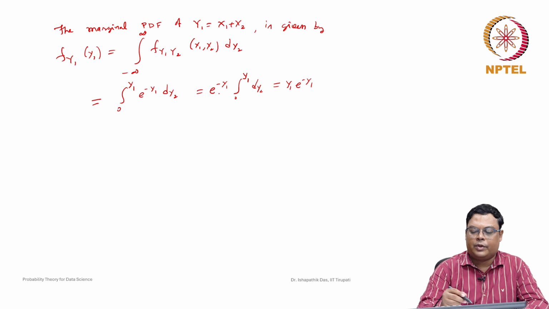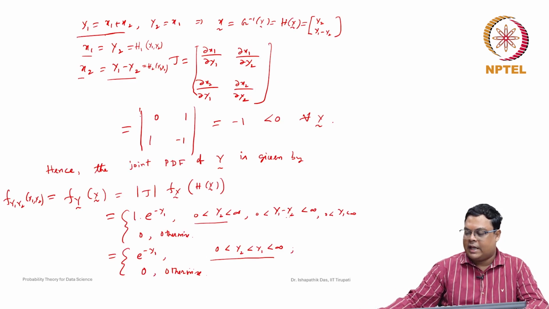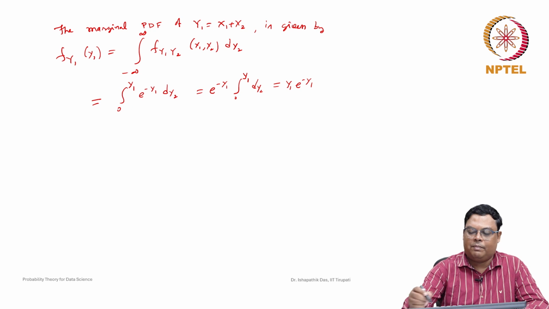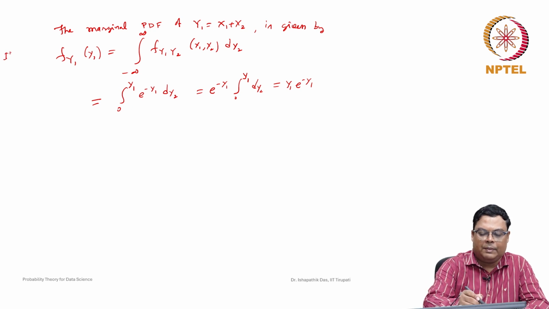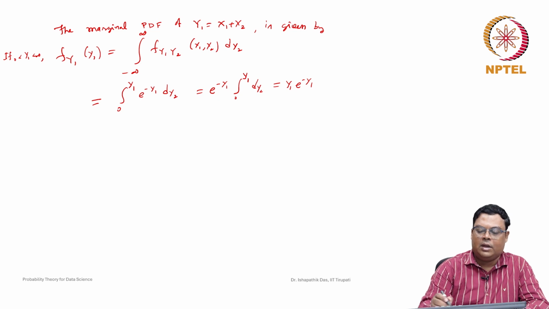This is true, but it is not true for all y1. Depending on the different values of y2, y1 actually can be any value between 0 and infinity. So that's why we have to write: if y1 is greater than 0 and less than infinity, then only we can write this density function. Otherwise, if y1 is negative, then this will be 0.